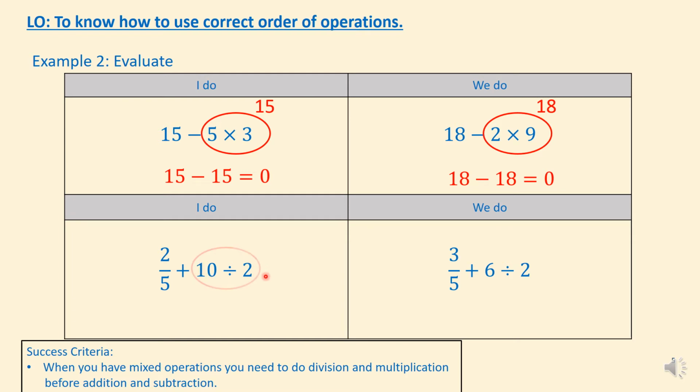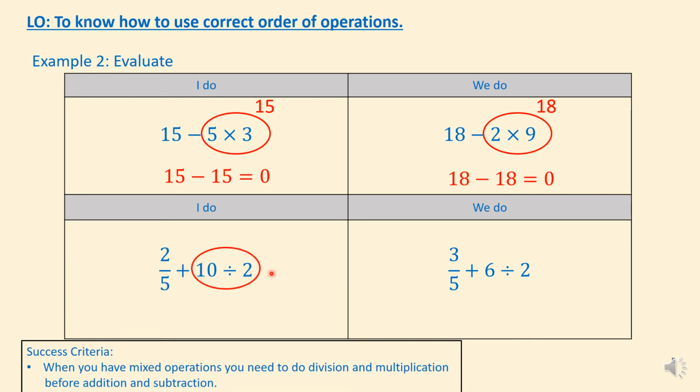As you can see, I'm dealing with fractions. I know that 10 divided by 2 is 5, but because I'm dealing with fractions, I prefer to have this answer as a fraction as well.